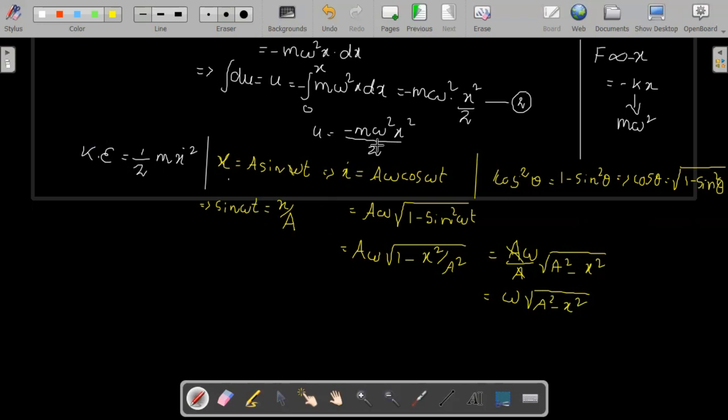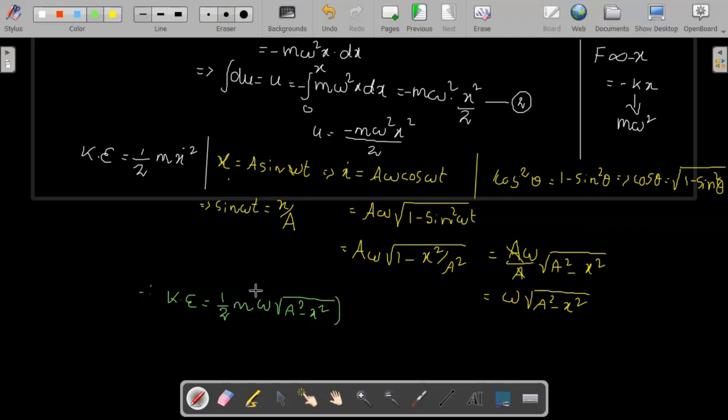Now, we have got this relation for x dot, and we have kinetic energy K equal to half m x dot square. So let's modify that relation. Therefore, kinetic energy is equal to half m, and in place of x dot, we can take this relation, omega root over a square minus x square.